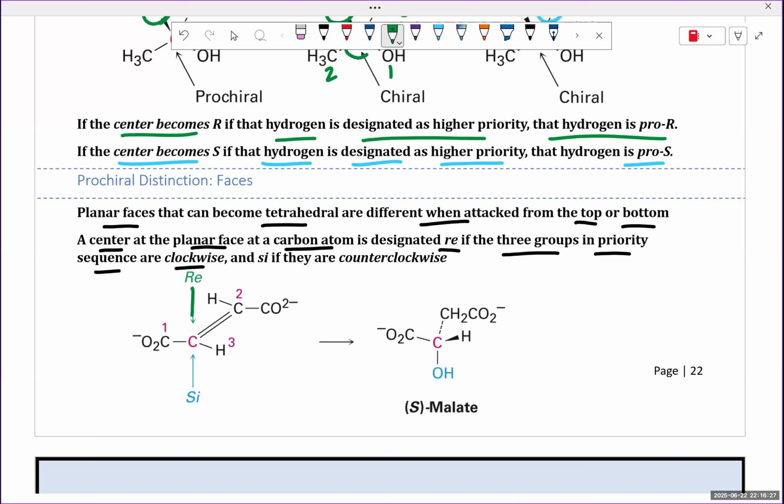For example, this top face would be the re face of this carbon because looking at priority of our attached groups, the groups are clockwise. The si face occurs if approach from that face would yield the groups counterclockwise. I always like to assign the re face first. The si face is the opposite face.